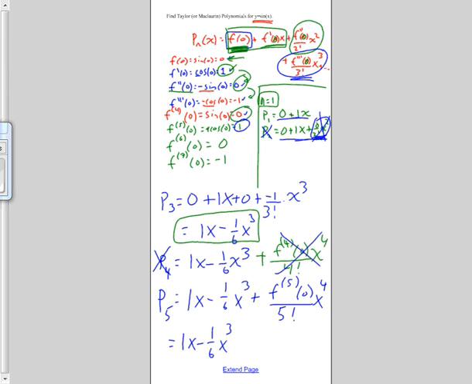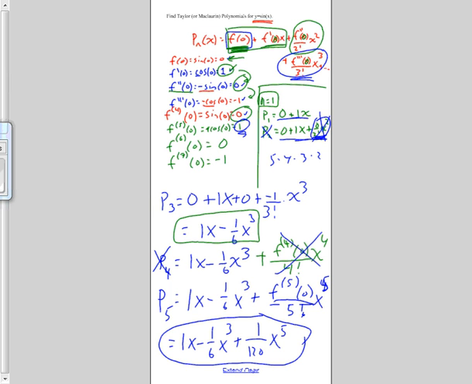And f5 of 0 is 1, so plus 1 over 5 factorial. 5 times 4 times 3 times 2 is 120, x to the fifth. That's getting a little sloppy, so let me clean that up. This is x to the fifth, and this was a 5 factorial.